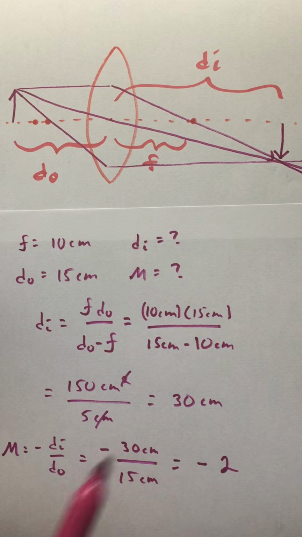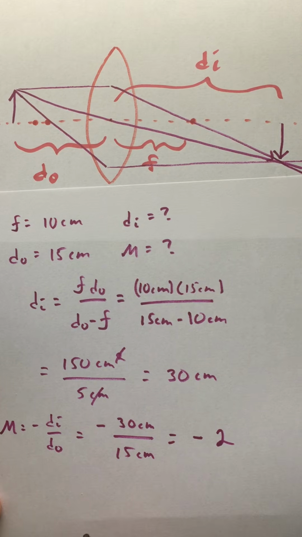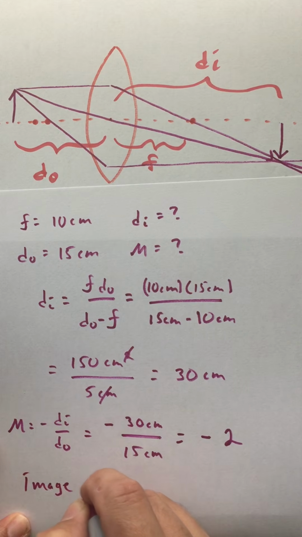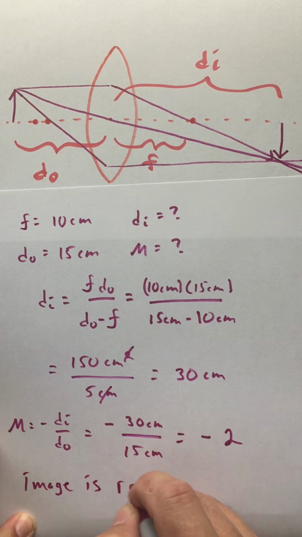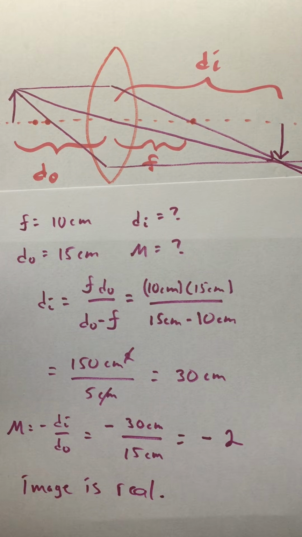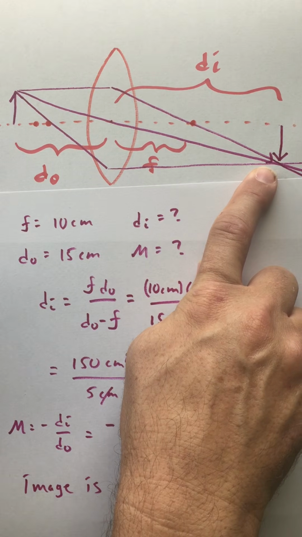Okay? If there are actually light rays propagating there where the image is formed, what we can say is that this image is real. A real image is produced by actual light rays actually in the space where the image is formed.